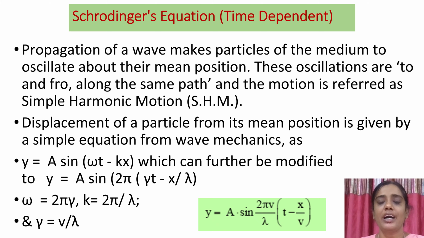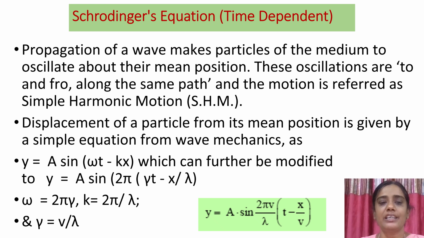Here omega is the angular frequency, which is given as 2 pi nu. Nu is the frequency, a is the amplitude of the wave, and k is the propagation constant, which is given as 2 pi by lambda.